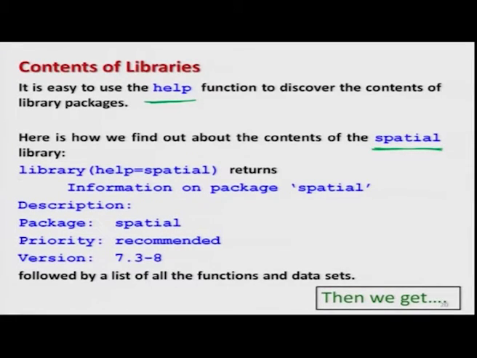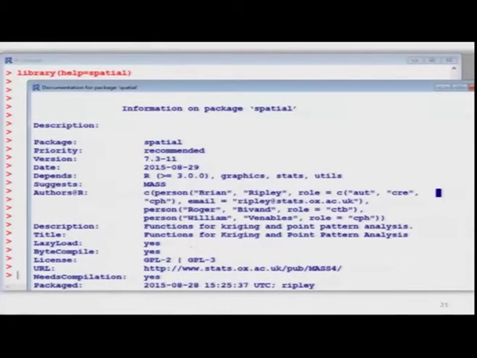So I will write library(help = spatial), and once I execute it, I will get this type of screenshot. The package name is spatial, then priority, the version, and after this it gives you all the details about this package.